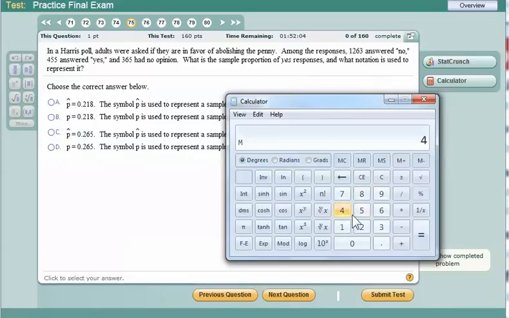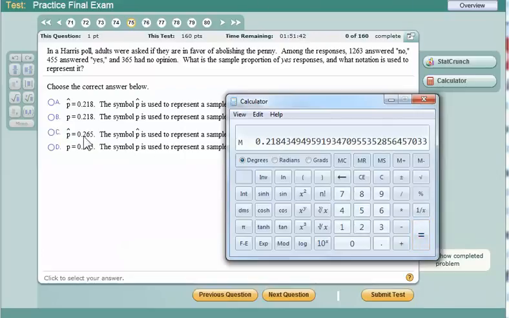Our yeses were 455. Let me get that in there again. So the total was rounded to 3 decimals, 0.218.